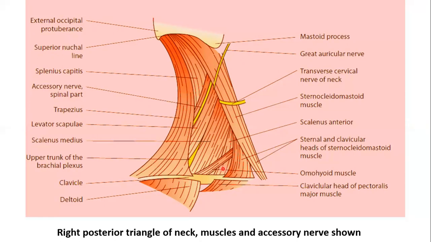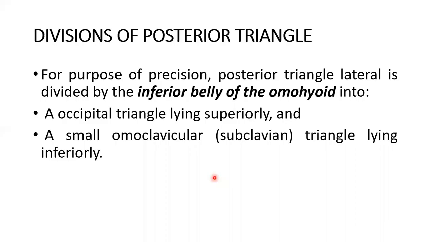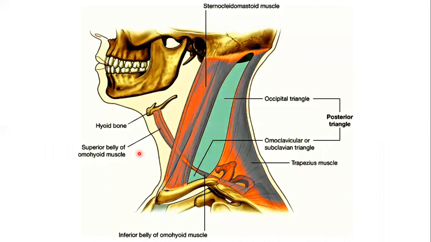It is the subclavian or omoclavicular triangle, sometimes called the supraclavicular triangle. Even in this picture you can see it very clearly: this is the lower, smaller part, the omoclavicular, subclavian or supraclavicular triangle, and this is the occipital triangle.